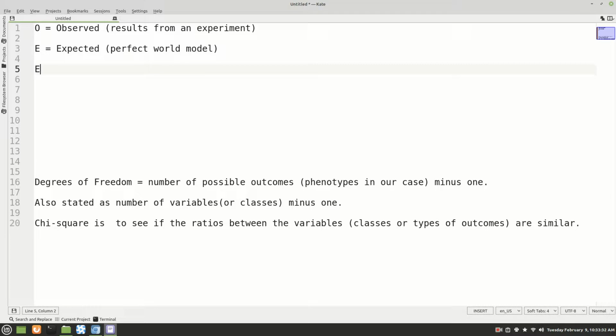We do our experiment 4 times or something like that. Let's just say we get the numbers 3 and 1. That's a ratio. If we're doing a bunch of them, let's say 30 to 10. That's still 3 to 1.